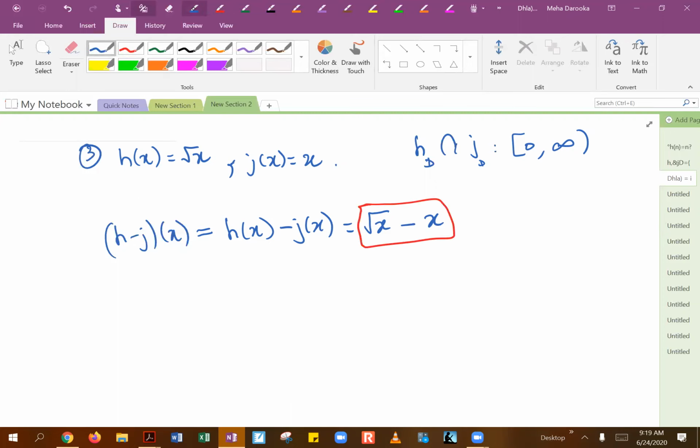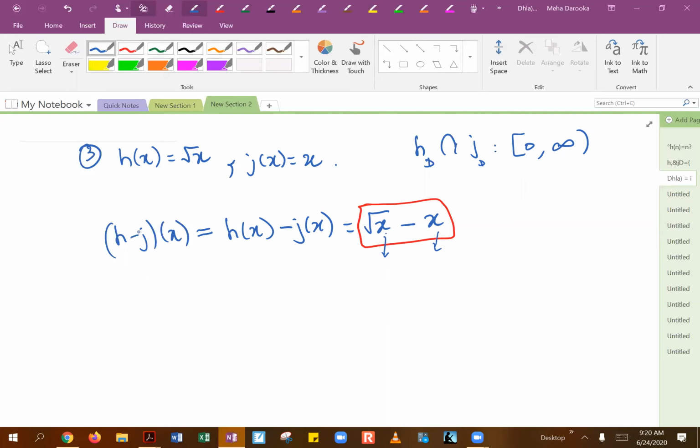Now, when we talk about the domain for this function, you will notice the x on the right is an independent x. That x has no restrictions. But then we have another x on the left side of our function, which is under the radical. Because this x is underneath the radical, whatever restriction we put on this x is the same restriction that goes on the other one. So because of the x inside the square root, the intersection of the two domains we came up with is true for our h minus j function.